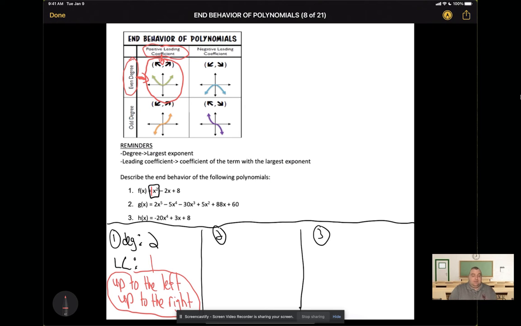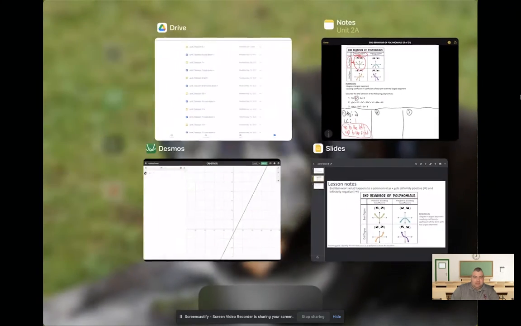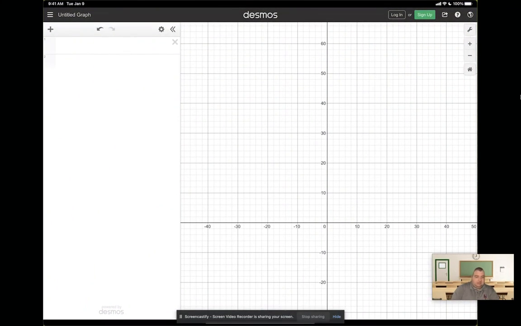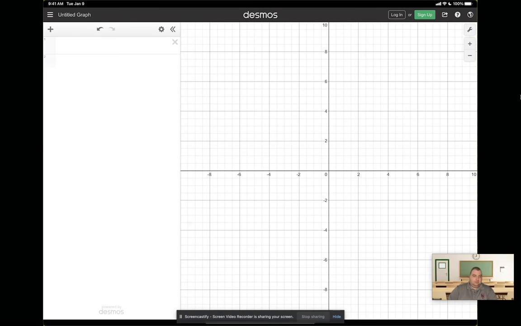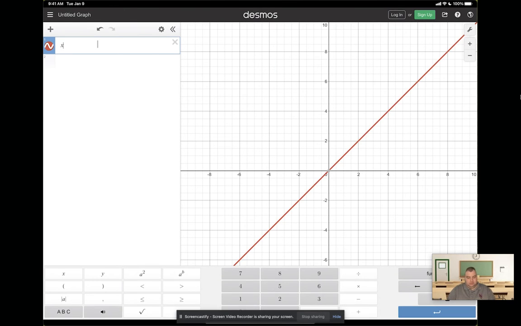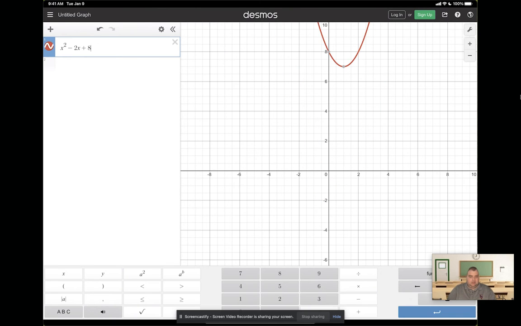And if we actually take a look at the graph, I'm going to go to Desmos real quick and actually graph this. So x squared minus 2x plus 8.